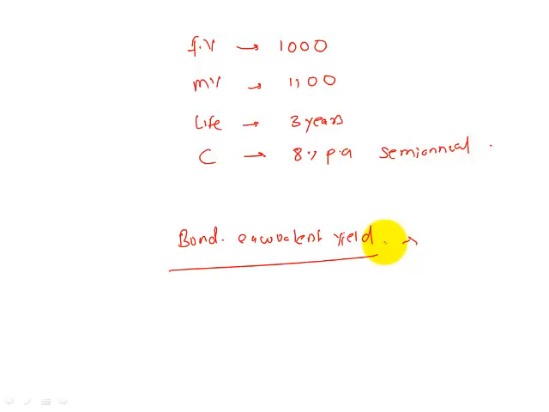Is it 4.4? Let's do it together. Second clear TVM, minus 1100 present value, 40 payment, 1000 future value, 6 N, compute I/Y, and multiply the I/Y with 2.